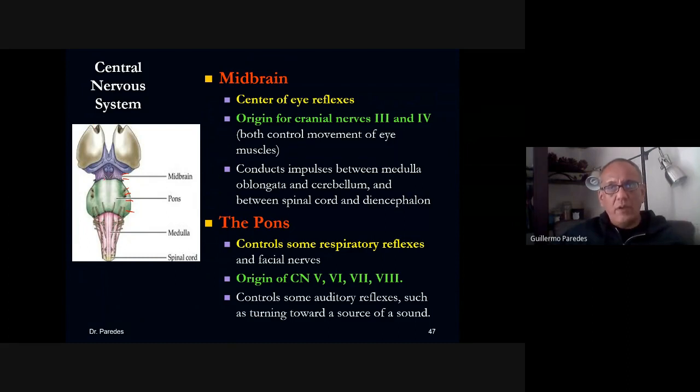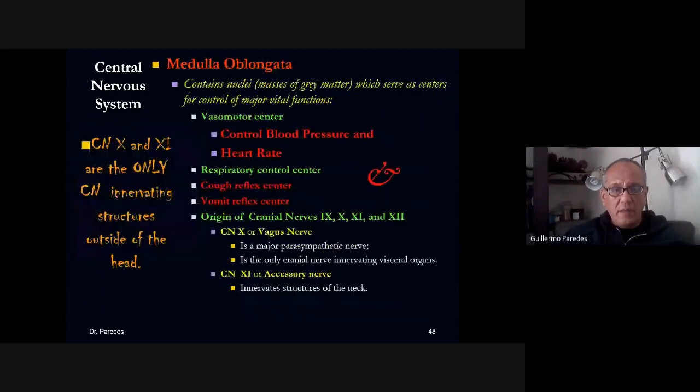But in general, what I want you to remember is that most of the cranial nerves start in the brainstem. The pons is going to be 5, 6, 7, 8, and the medulla is going to be the lowest, right? 9, 10, 11, and 12 are the medulla oblongata. So here is the medulla oblongata, what I want you to know.